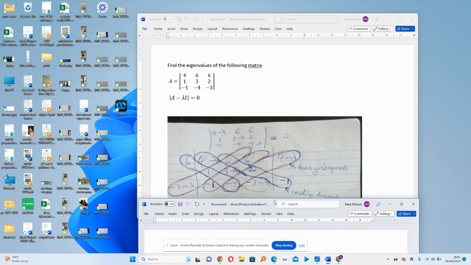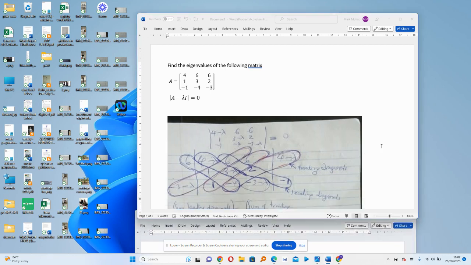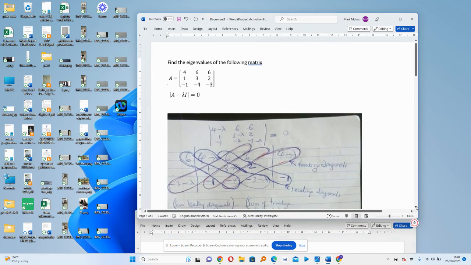And in the second leading diagonal, we have 4 minus lambda, 3 minus lambda, -3 minus lambda. And of course, we have 6, 2, and -1. All that is in the leading diagonal. So we're going to sum up all those values to be able to get our answers.